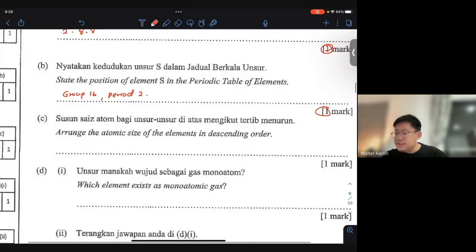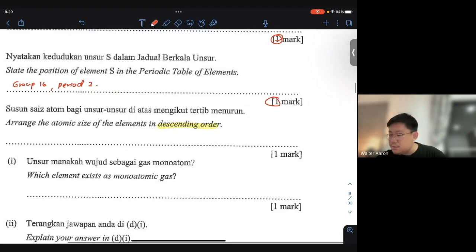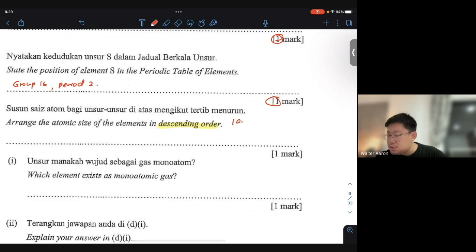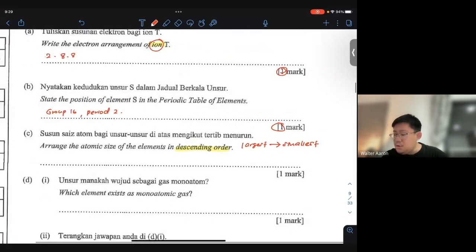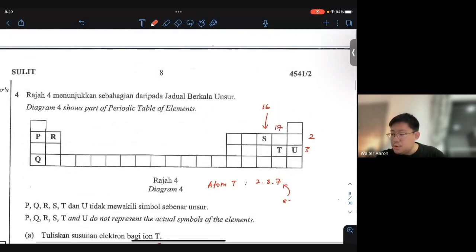Right, arrange the atomic size of the elements in descending order. So descending order means from largest to smallest. All right. So remember, across the period, atomic radius decreases. Down the group, size increases. So I want to put here an indicator for you.